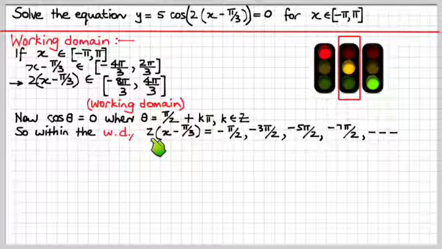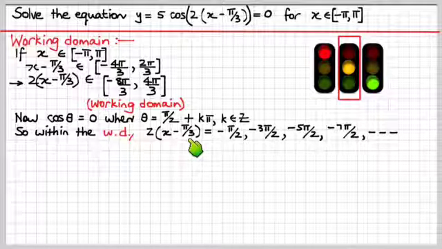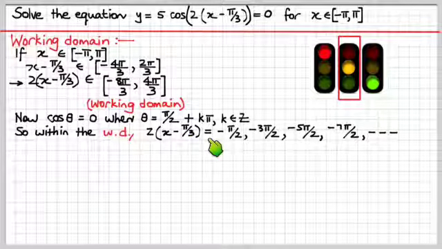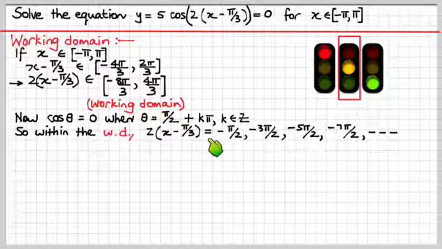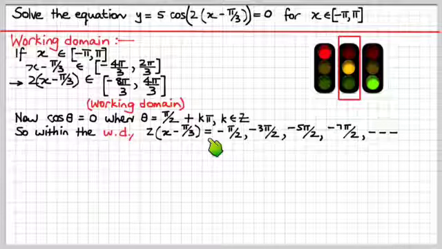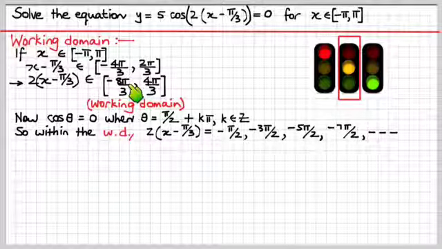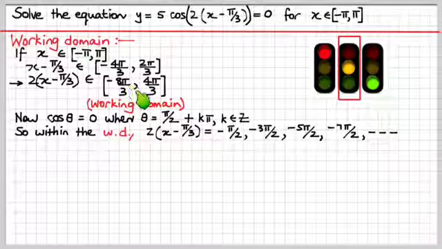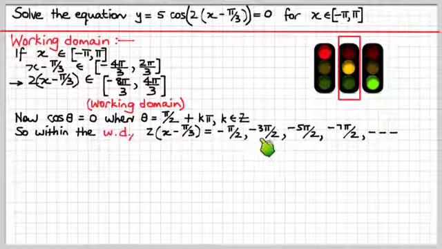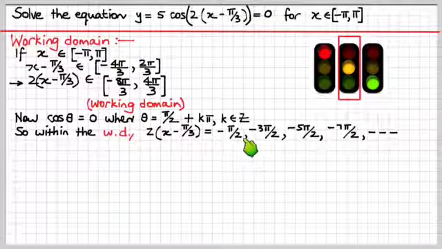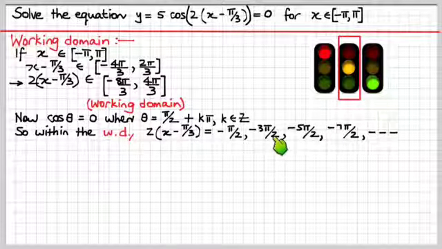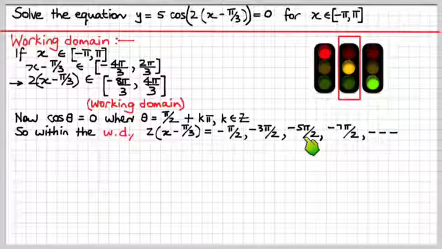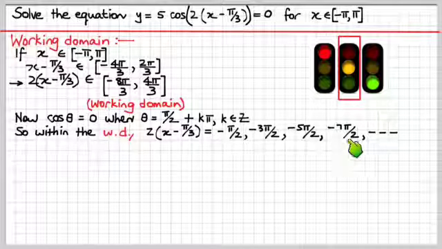Within the working domain, we know that 2(x − π/3) would be, now, what I'm doing here, guys, is I'm going backwards first, and then I'm going to go forwards, because I've got to capture everything from the 0 point backwards as far as −8π/3, and then subsequent to that, I've got to go forwards as far as 4π/3. But this bit here is just to take into account all the backwards solutions. So I've gone −π/2, take another π off, −3π/2, another π off, going backwards is −5π/2, and then −7π/2.